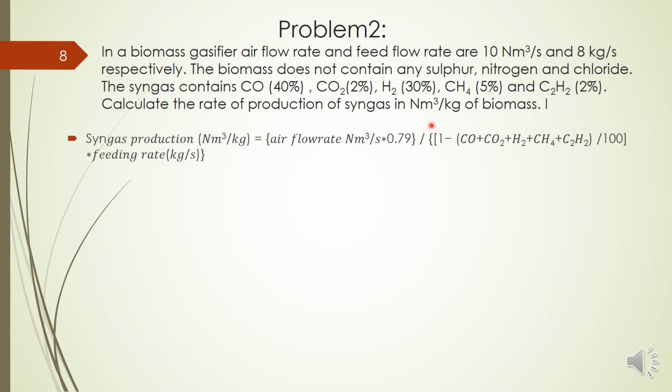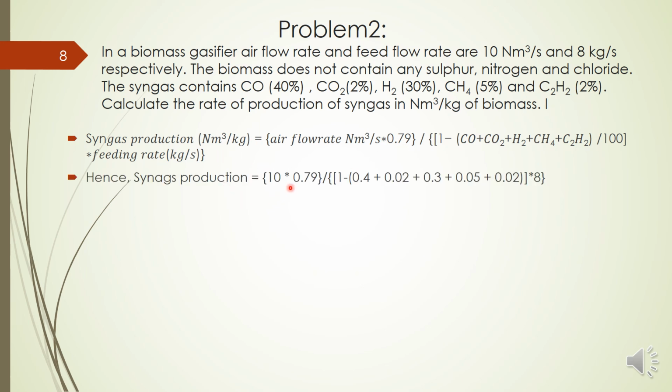For finding the nitrogen in syngas, we have to consider the remaining volume as nitrogen, because it is not directly given. So nitrogen fraction will be 1 minus the volumes of CO plus CO2 plus hydrogen plus methane plus ethane, divided by 100. The airflow rate given is 10, but 79% of that is nitrogen, so we multiply it by 0.79.